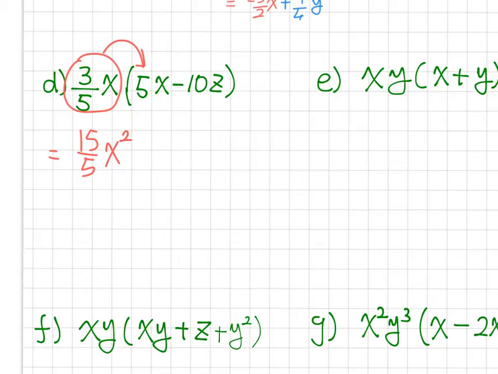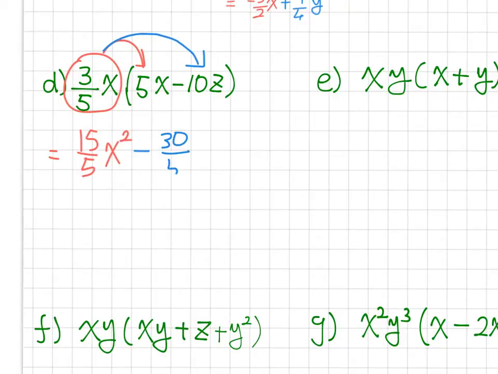Okay? The second thing is then 3 over 5x times negative 10z. So number by number, don't forget. So this becomes negative, since it's positive 3 over 5 times negative 10. So positive times negative becomes negative. Then 3 times 10, again, whole number times the top, will become 30.